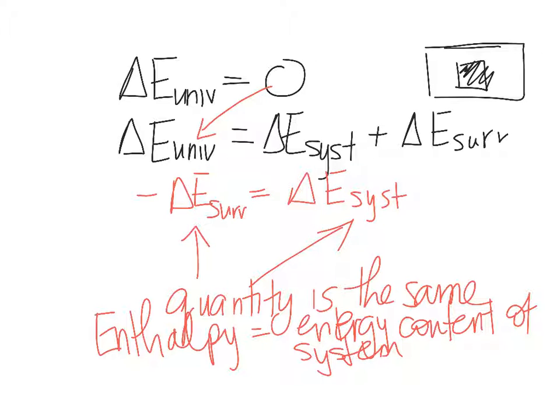So enthalpy is the energy content of the system. So basically the potential energy that's there available to do the work. However, we can't measure enthalpy. What we can do is measure the change in enthalpy.